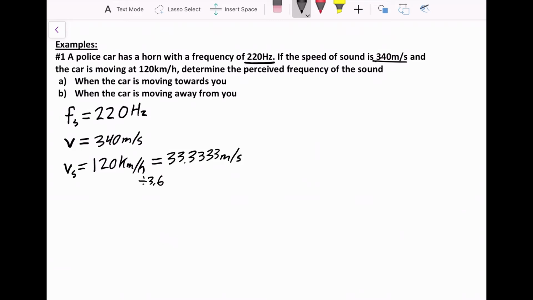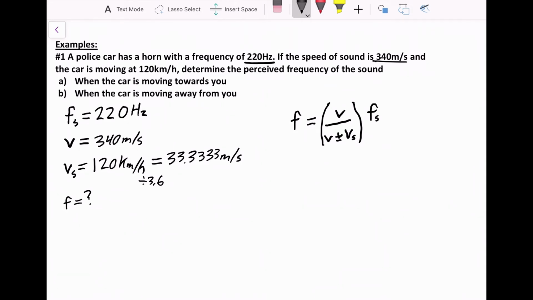And we are looking for the apparent frequency, which we're just going to call F. So remember our formula that we have anytime we're dealing with the Doppler effect is that the frequency is equal to the speed of sound divided by the speed of sound plus or minus the speed of the source, multiplied by the frequency of the source.